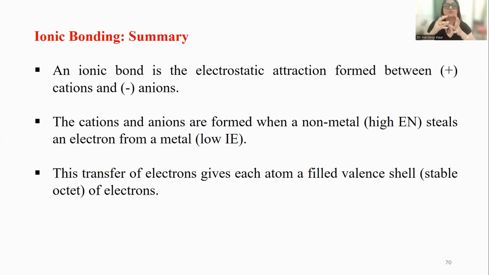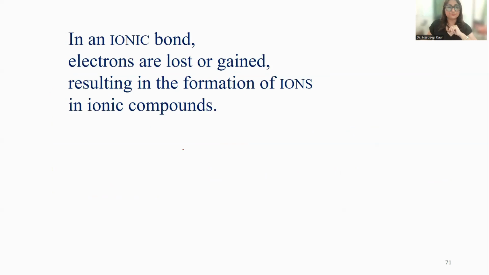First of all, it is an electrostatic interaction. Second, it is between a cation and an anion, between a non-metal and a metal. This transfer of electrons gives the atoms a filled valence shell, and both get stabilized because their octets are completed by forming this bond.